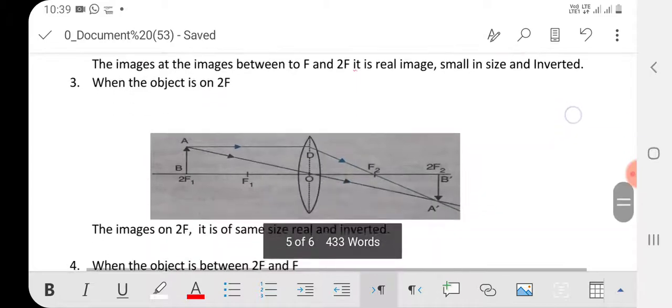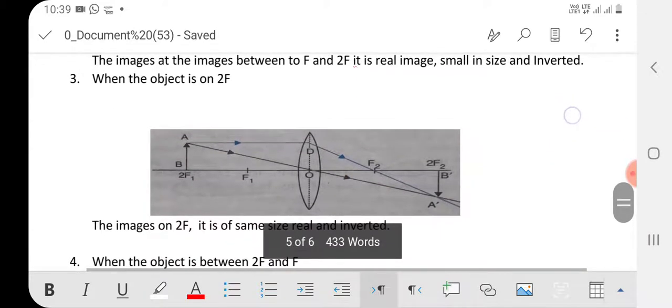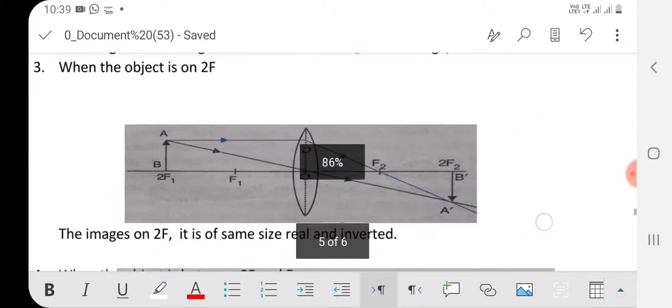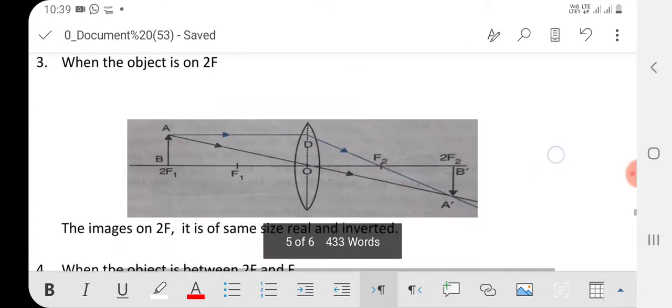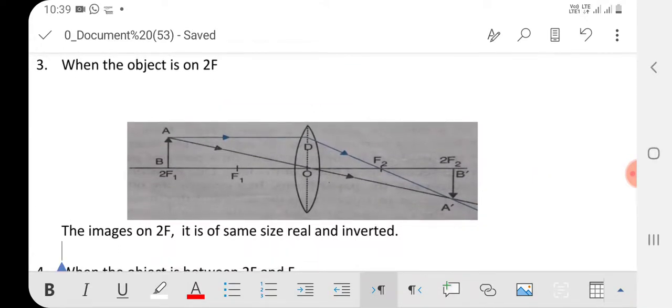Then the third ray diagram, when the object is on 2F, where does the image formation take place? See in the diagram, when the object is on 2F, as we have to follow the rules to draw the ray diagram, the first ray we have to make it pass through the optic center and it passes without bending.